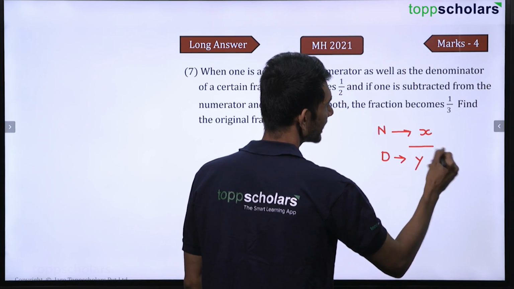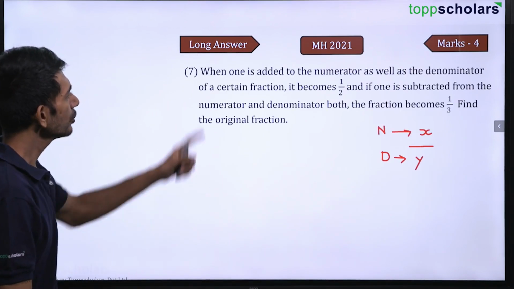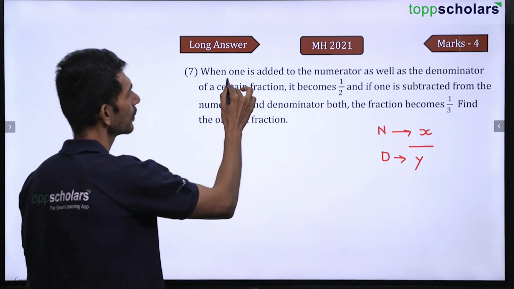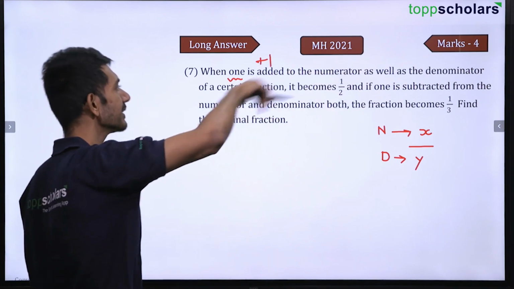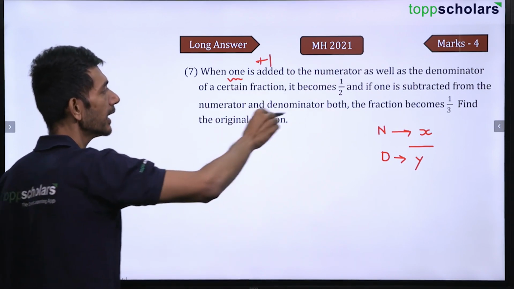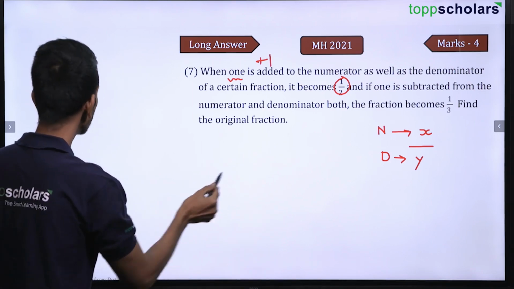So the fraction becomes x by y, right? So when 1 is added to the numerator as well as the denominator of a certain fraction, it becomes 1 by 2.